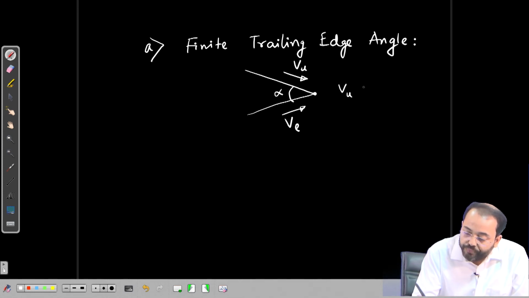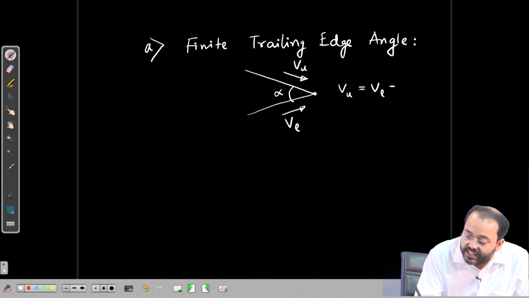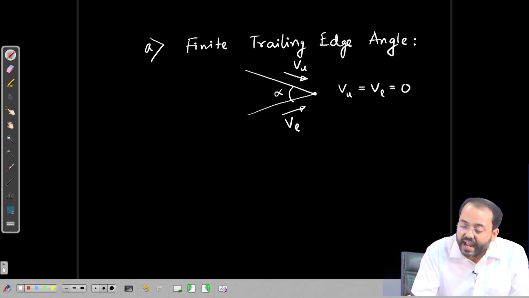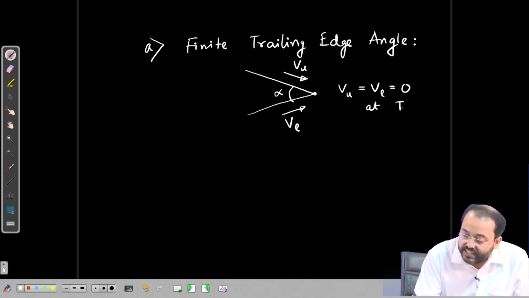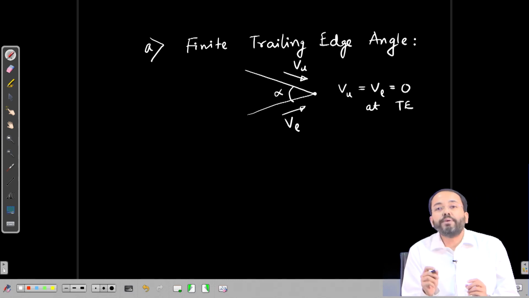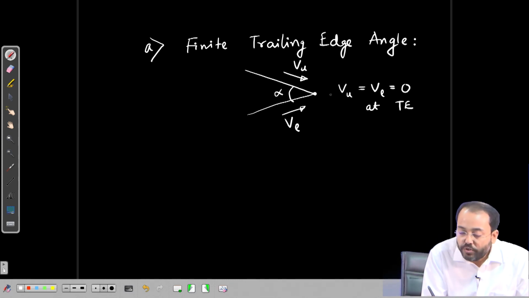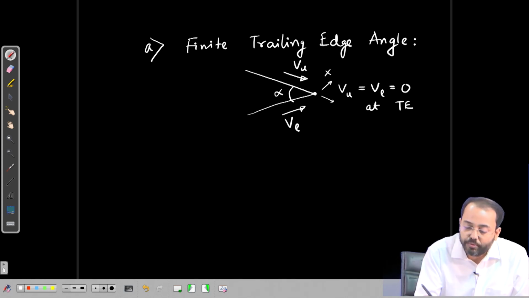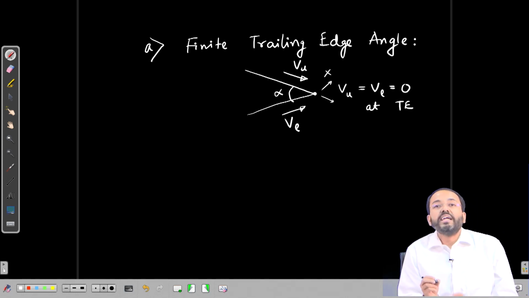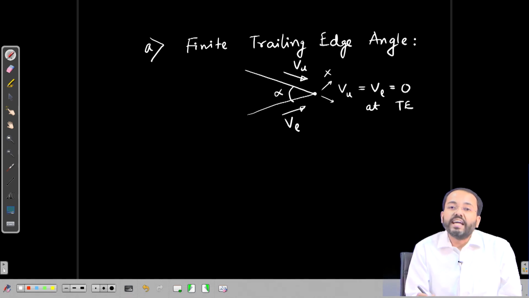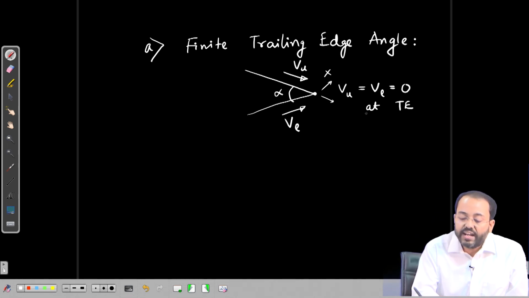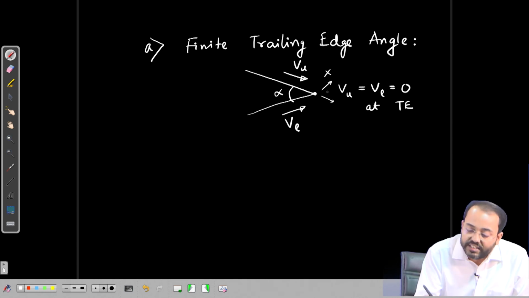So, Vu equal to Vl equal to 0 at the trailing edge TE, because at a particular point we cannot have two different velocities in two different directions. So, this is not possible. That is why for a finite trailing edge angle we will get a condition where the velocity at this trailing edge should be 0.